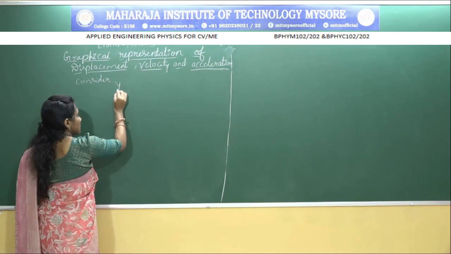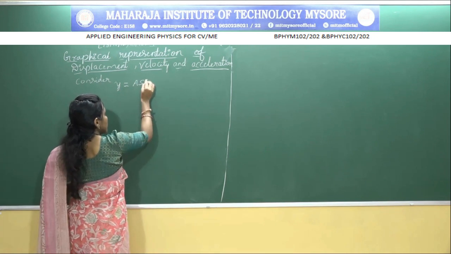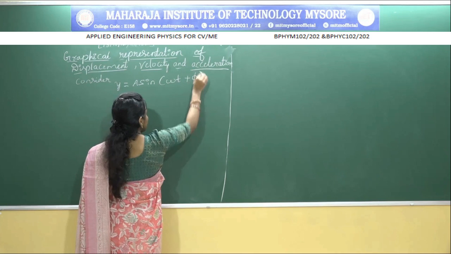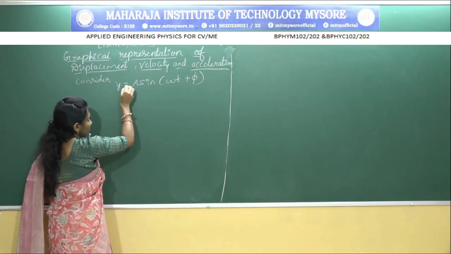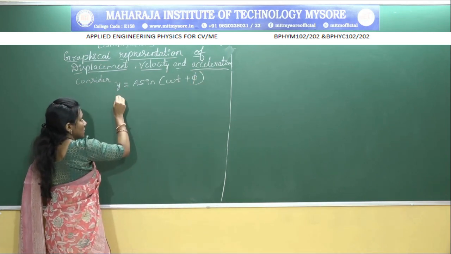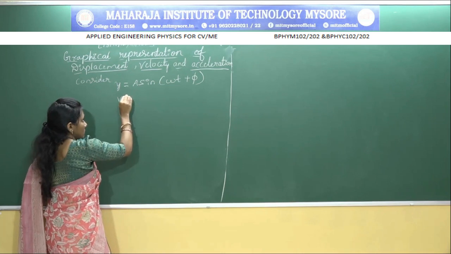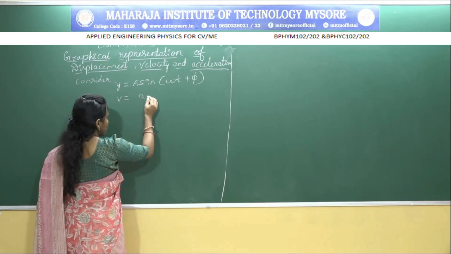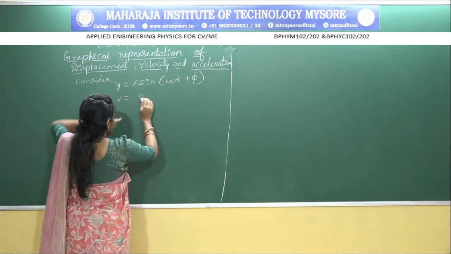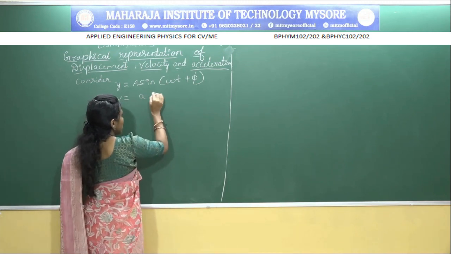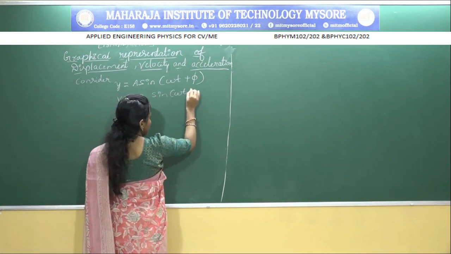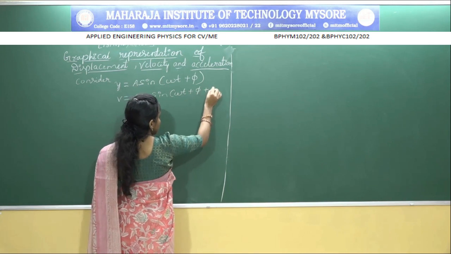What we got for displacement: y is equal to A sin of omega t plus phi. And for velocity, v is equal to A omega sin of omega t plus phi plus pi by 2.